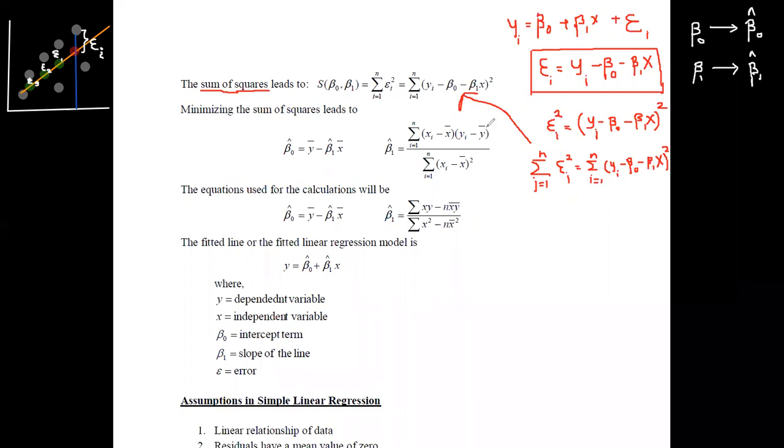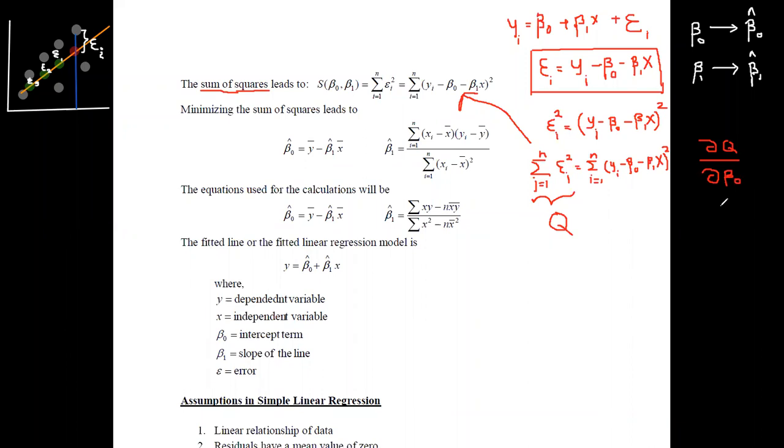Here I have this as the epsilon i squared sum, and I will take this term as Q. I cannot take the ordinary derivative; I need to take the partial derivative. Therefore, first I get the partial derivative of Q with respect to beta naught.